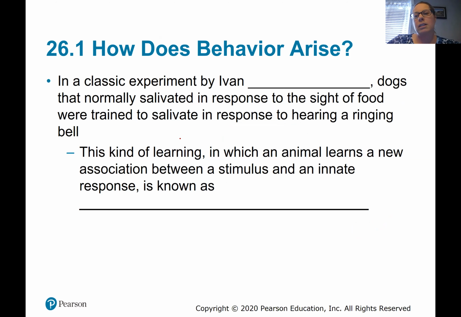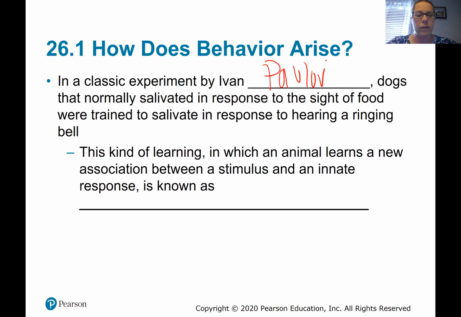If you've had philosophy or any other type of social science, maybe you have heard about Ivan Pavlov or Pavlov's dogs. He was a scientist that basically looked at stimulus with dogs and their behavior.